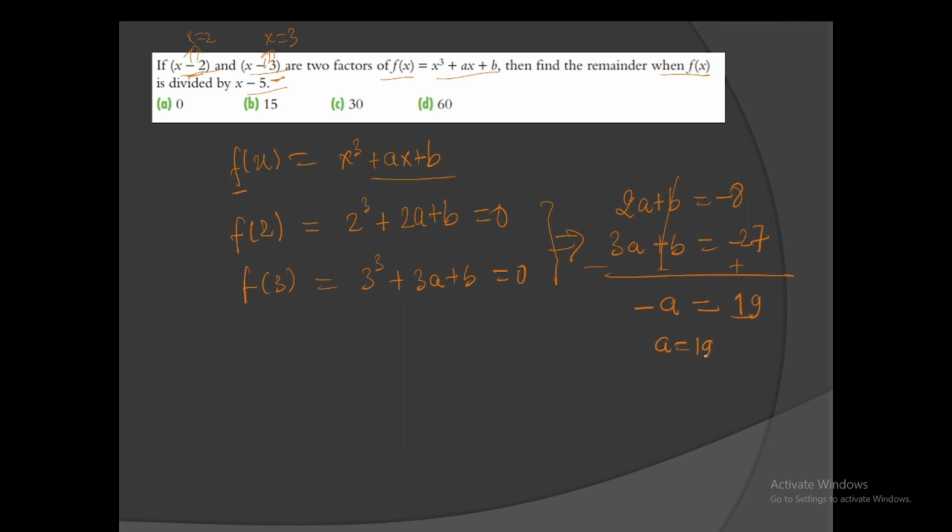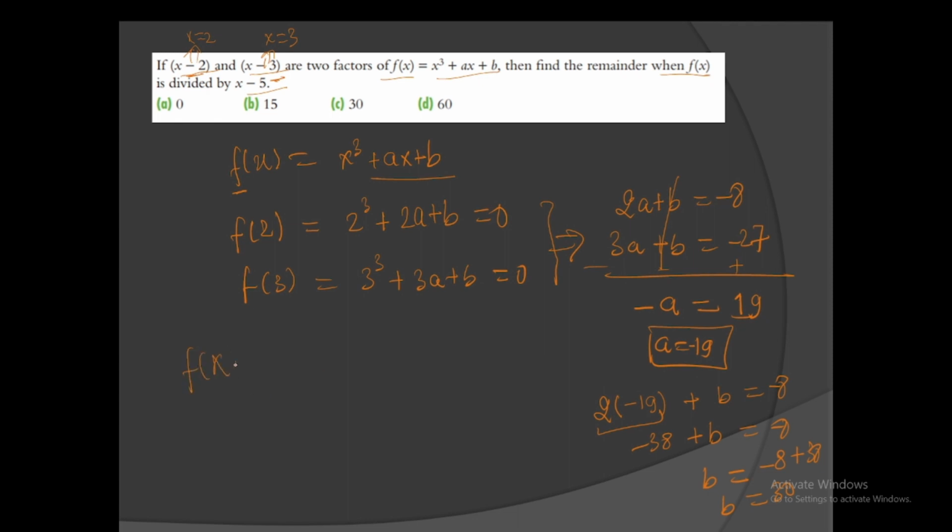So the value of a turns out to be minus 19. If a is minus 19, we know that 2a plus b is minus 8. So this is minus 38 plus b equal to minus 8. So the value of b turns out to be minus 8 plus 38, which is 30. The value of b will be 30.